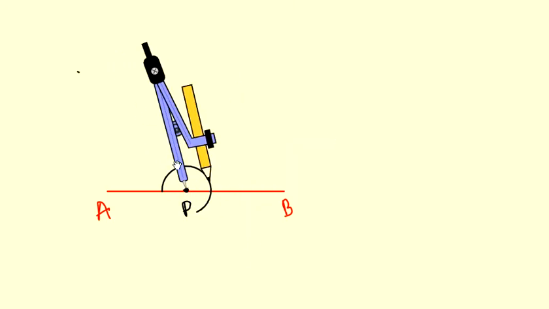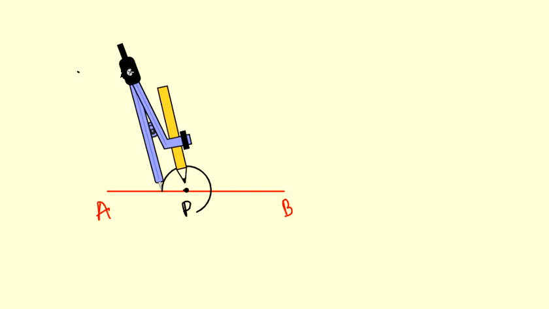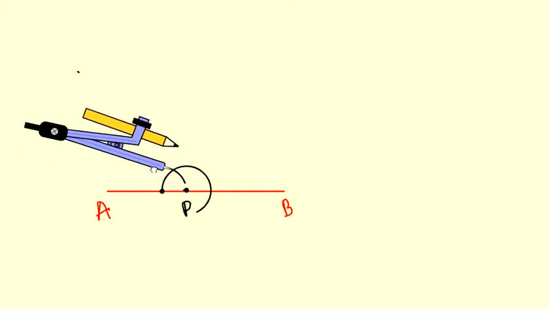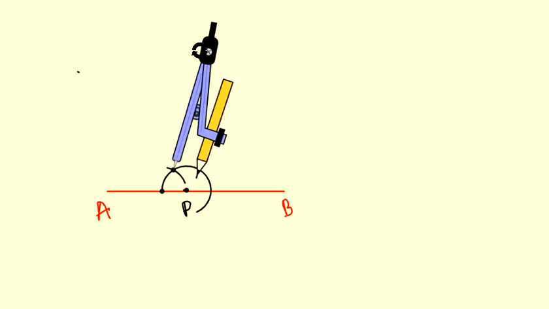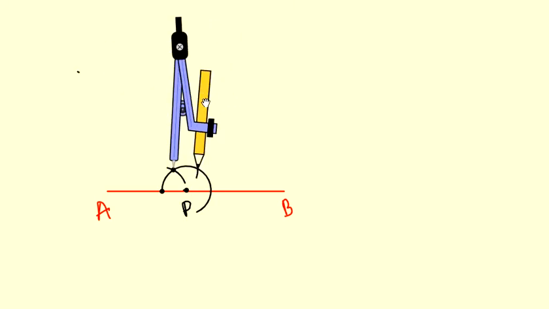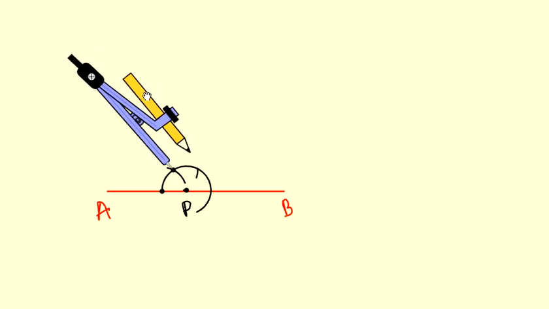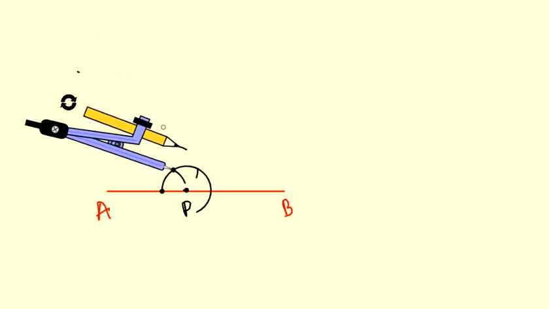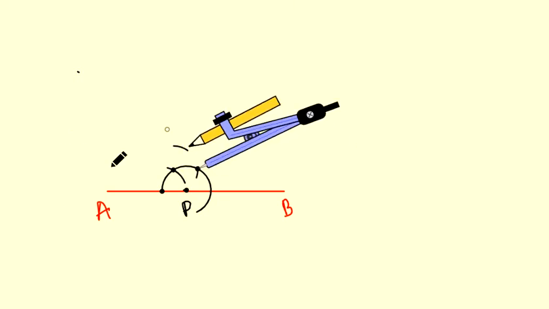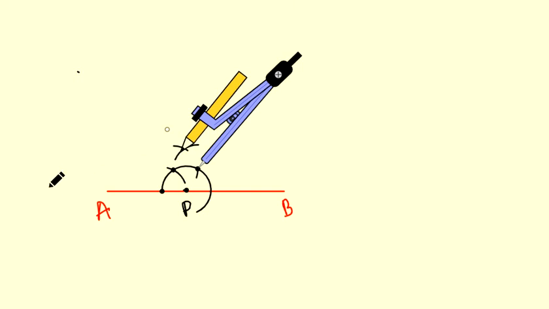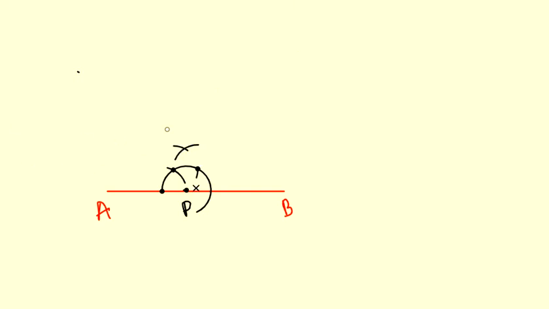Then with this center cut an arc, then again with this center cut an arc. Then with the same centers cut arcs above. Now join this. So simply this is your perpendicular.